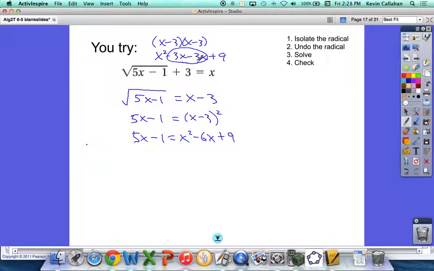You can't put it in the calculator. It's evaluating an expression. You have to know how to FOIL that and get that. Try it, negative 3 minus 3. Try it again. It's negative 6.